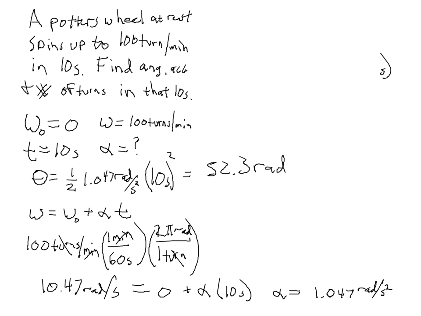Now I asked not for the number of radians, but for the number of turns, so we'll need to convert these radians into turns. So let's multiply by 1 turn in 2 pi radians, so that my radians cancel, and I'm left with turns. So you take the 52.3, you divide that by 2 pi, and that gives us 8.3 turns.